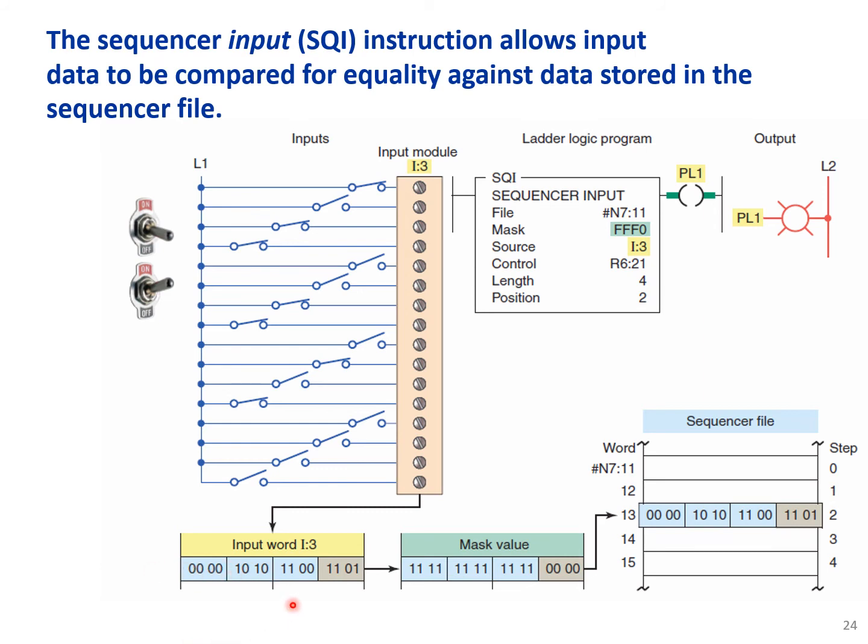Okay, so let's say at this specific time we have this combination of switches. The first, second, third and fourth ones are 0, or off. The fifth one is on, and so on and so forth.